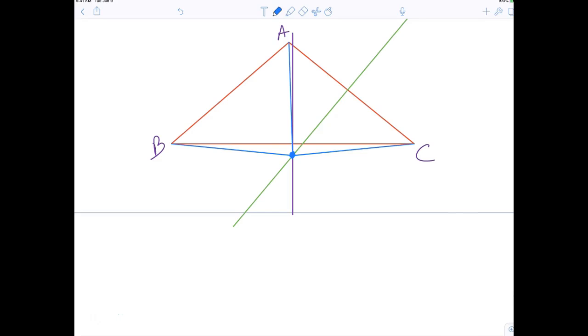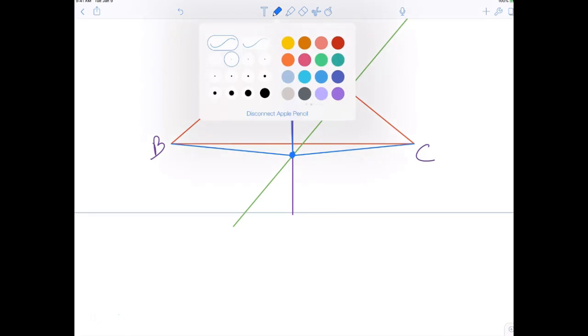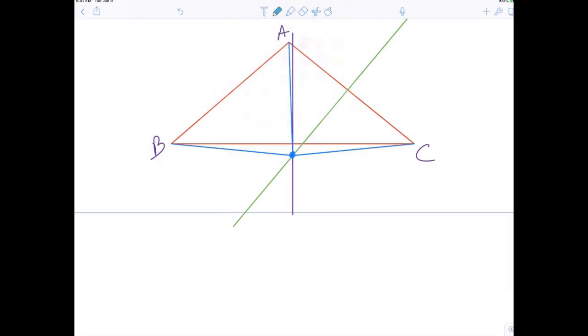Okay, so now I'm going to try to draw another line. Now I'm trying to draw something perpendicular. That looks pretty good to me. We'll find out in a minute. Does that look perpendicular?